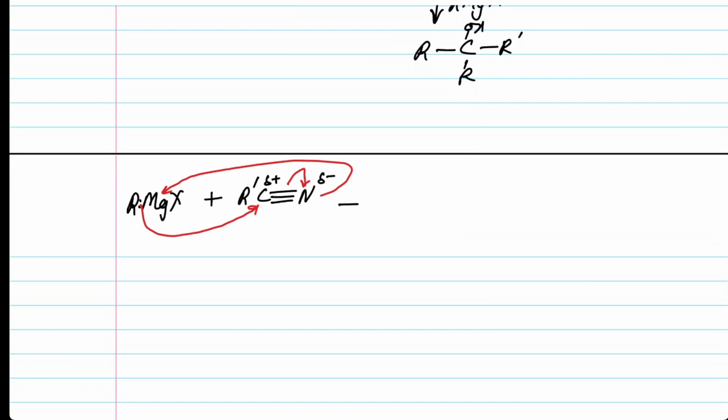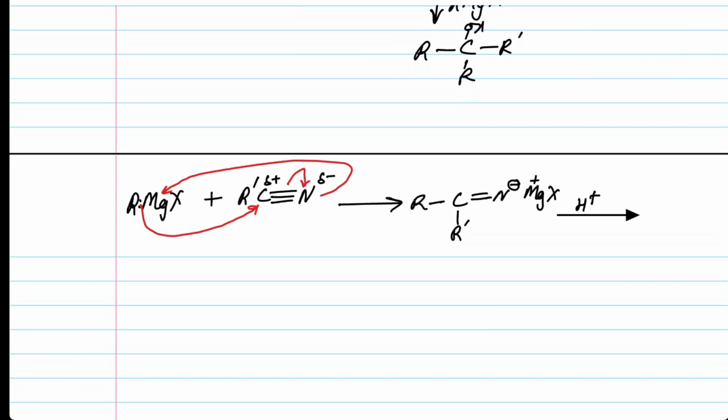Now we get R C R dash double bond N, with the negative charge, MgX positive. Now this reaction stops here. If we want the reaction to move further, let's add a H plus here.